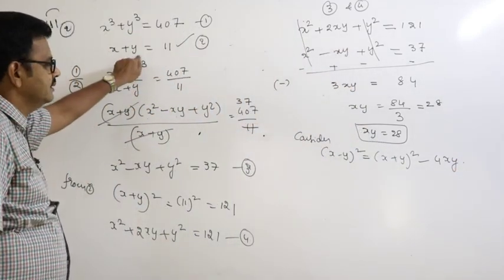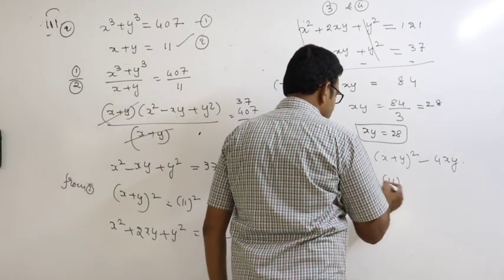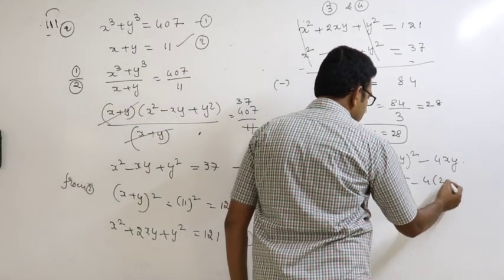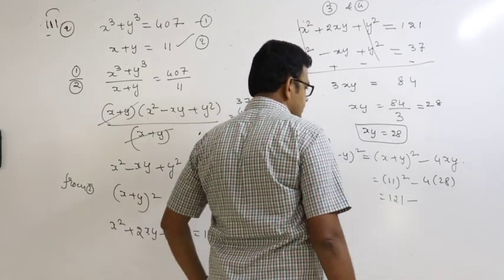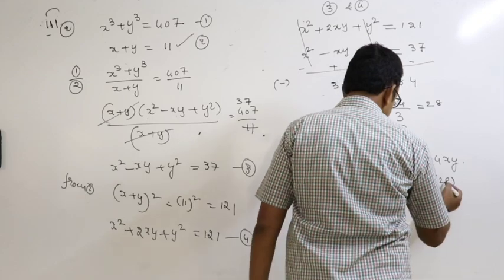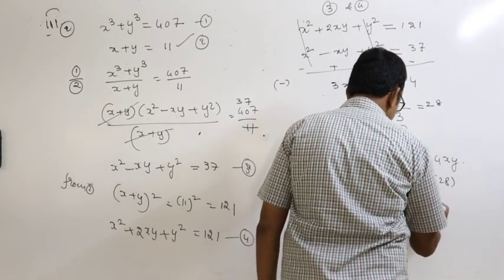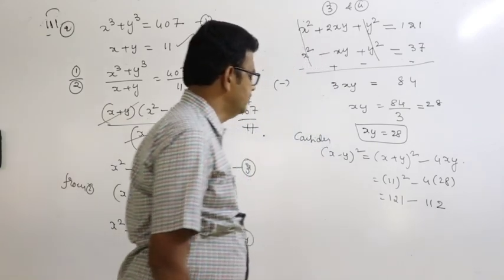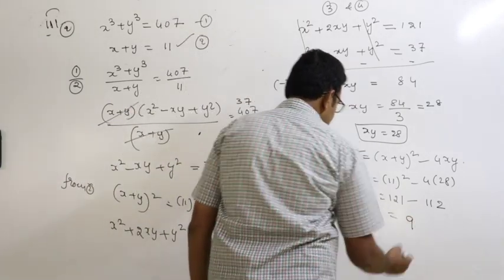What is x plus y? 11. So this is 11 square minus 4 into 28. 121 minus 112, that is equal to 9.